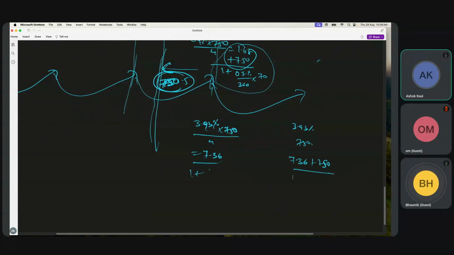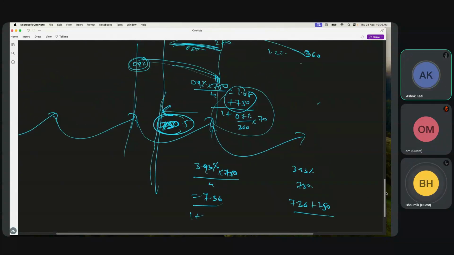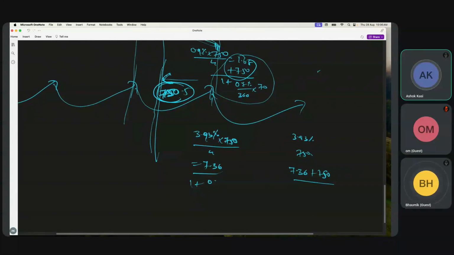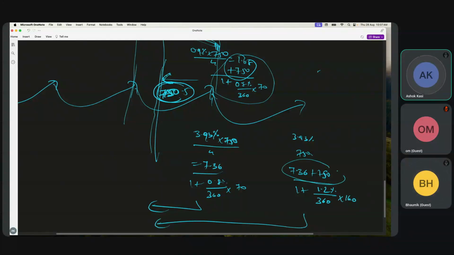Now this 70 days will be the same one. You have to discount it: 1 plus, 360 into 70 days. And this one will be 1 plus 1.2 percentage divided by 360 into 160 days. This 750 is also involved.